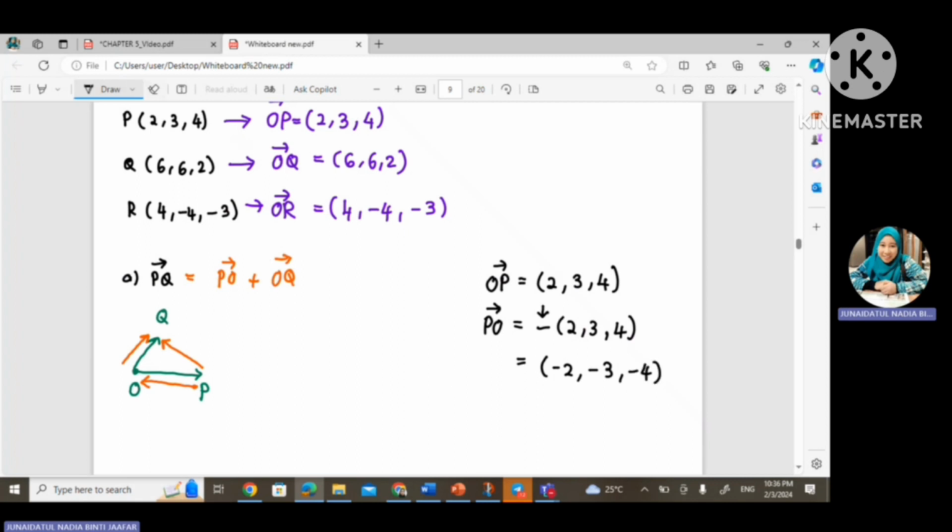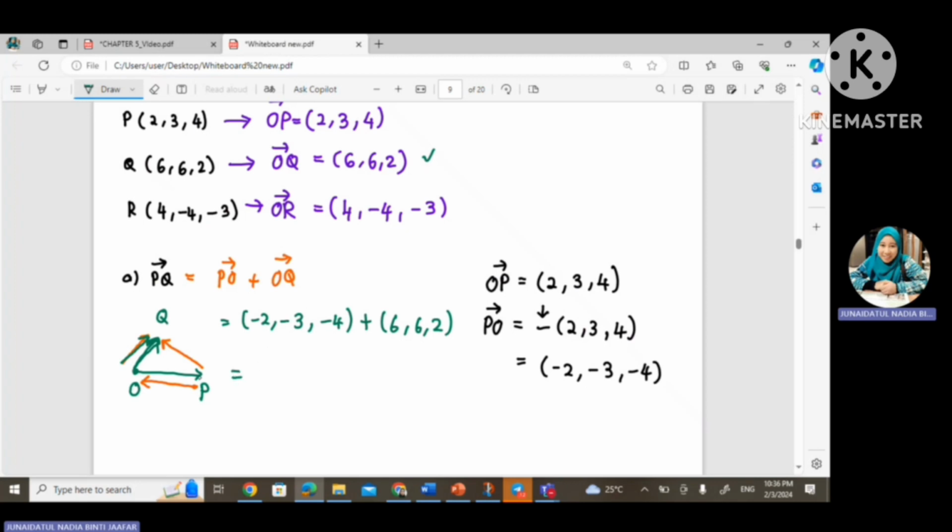So we can substitute PO here. PO is -2, -3, -4, and then plus OQ. Here we have OQ, which is also from O to Q, the same direction, so we can write 6, 6, 2, which is the vector OQ.